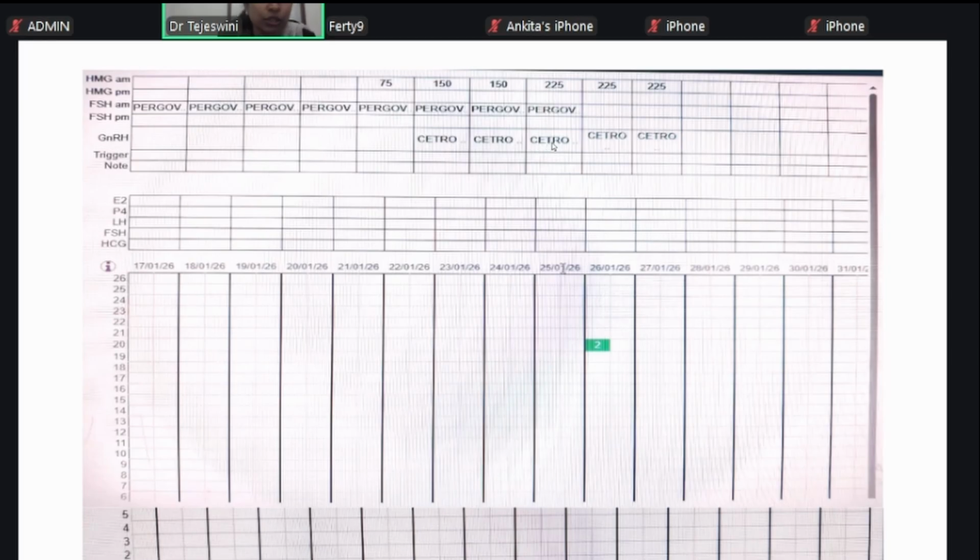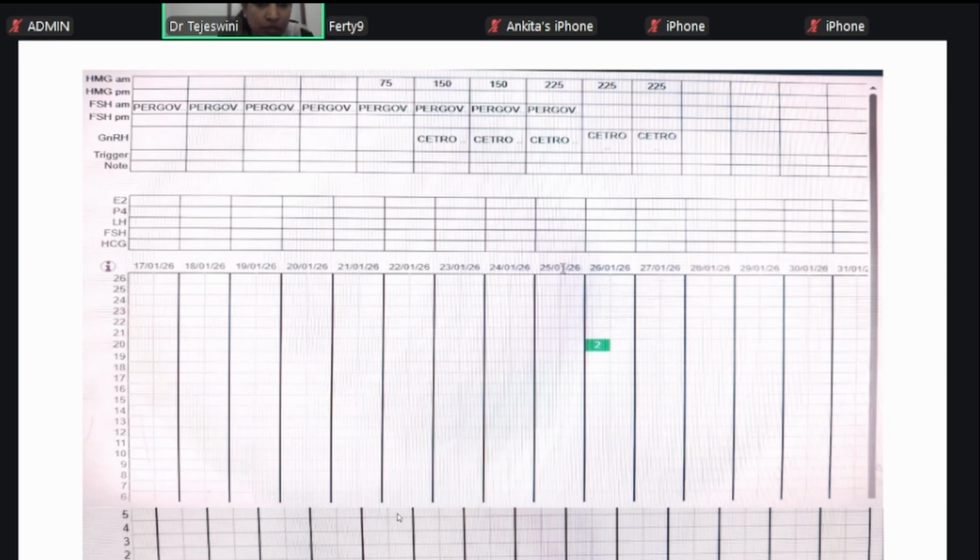Hormonal evaluation at the start of the cycle, day 5 or day 6 of the cycle, and before trigger are to be noted. Those who are more confident with their scan findings rely less on the hormonal findings. So it's always up to you which method you want to choose.